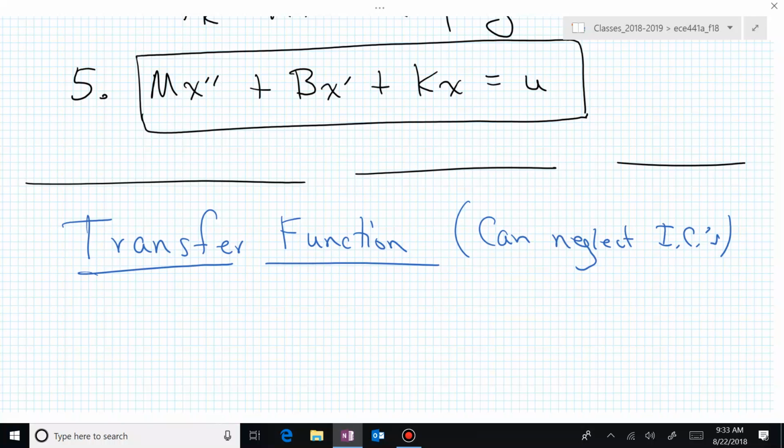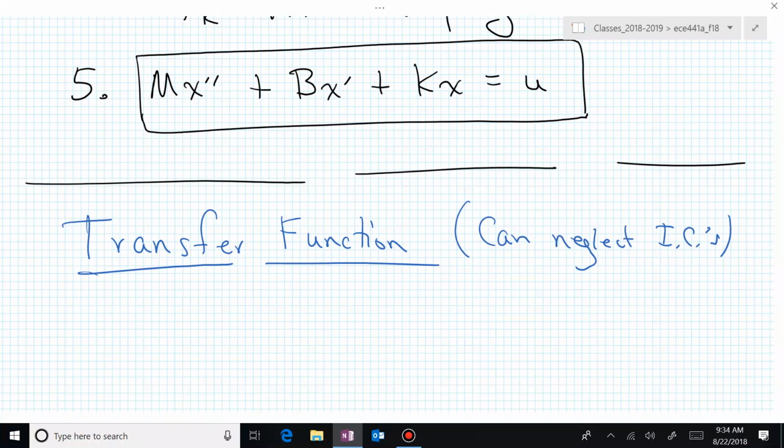Let's now Laplace transform this second-order differential equation, neglecting initial conditions. That simplifies the Laplace transform, doesn't it? Remember, you had to subtract the initial conditions, and you have to go real far back into your memory. Well, you don't have to go as far back as I might have to, but anyway.